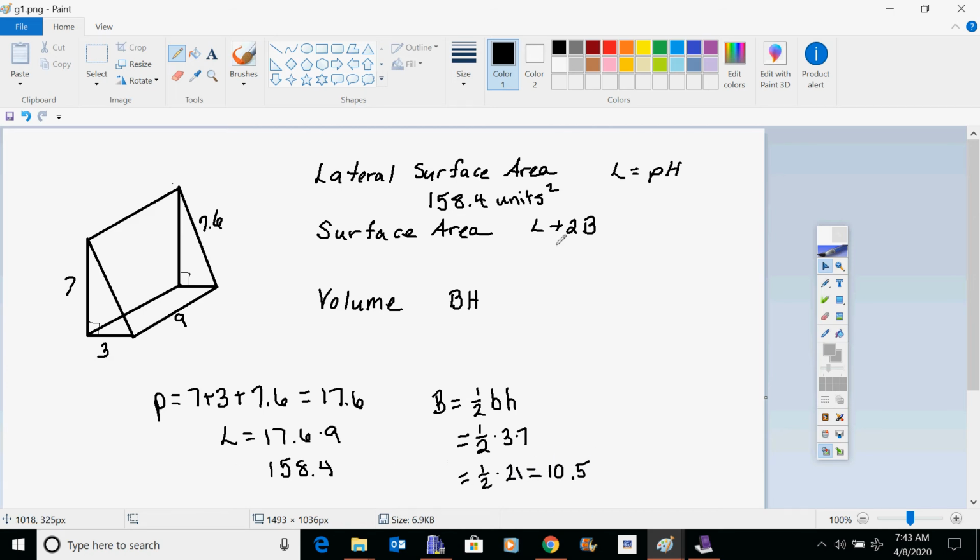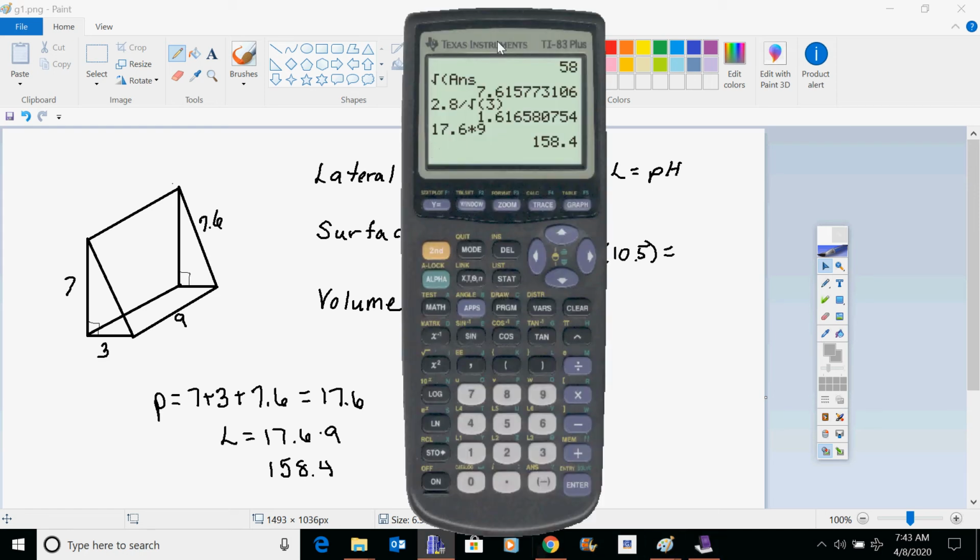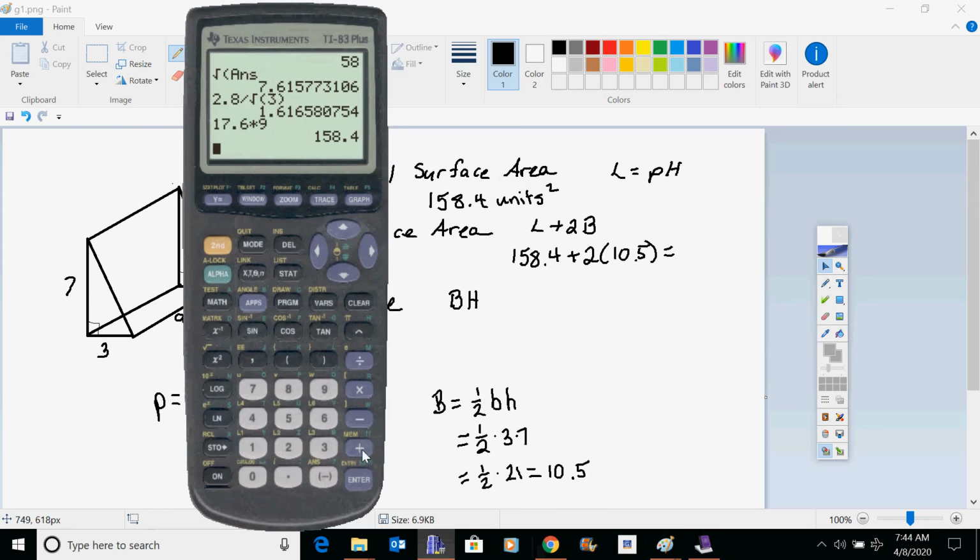So what you're doing now is you're taking the length, or the lateral surface area, L, 158.4, plus 2 of those triangles. So you're taking really 158.4 plus, and we're back to that 21 again.